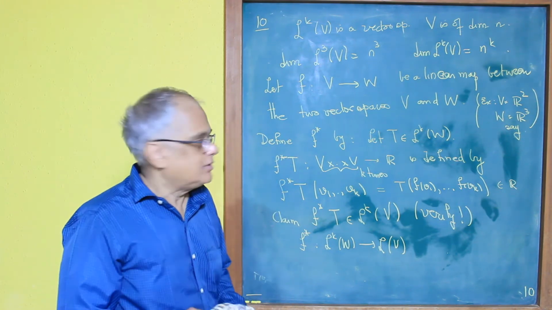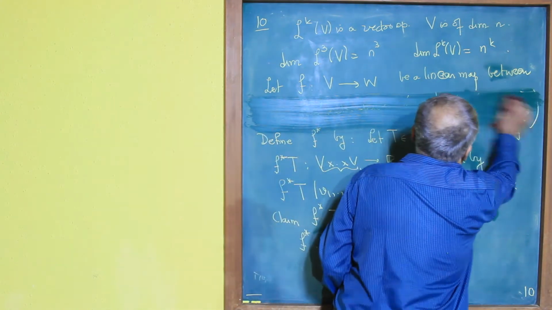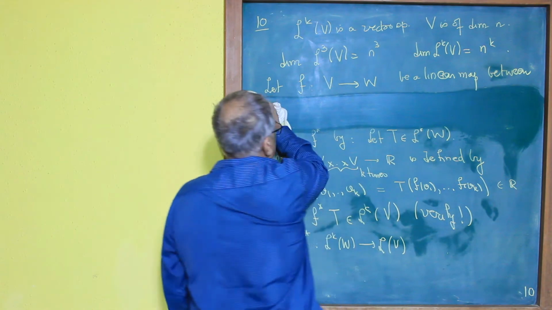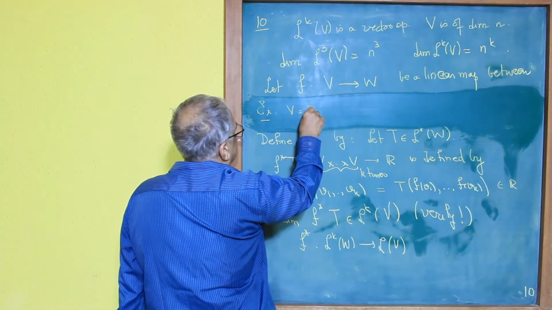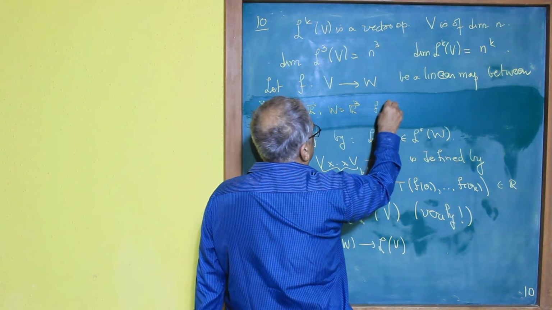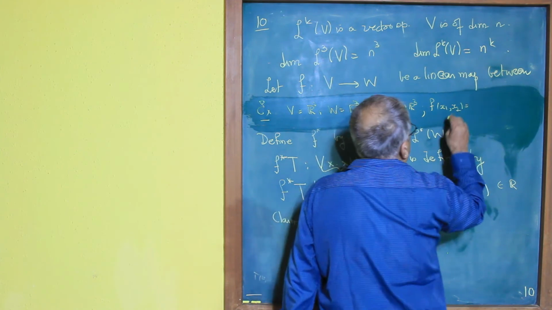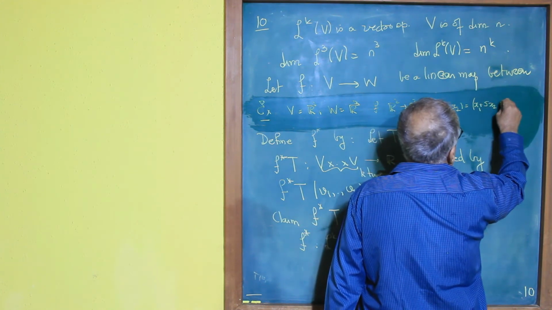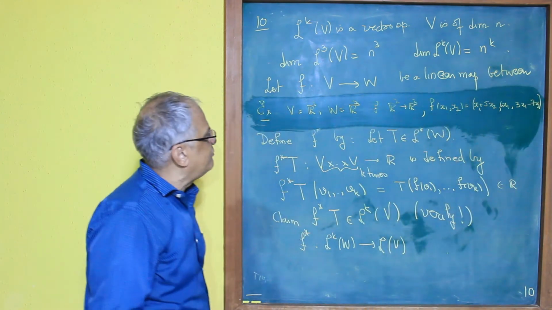So I'm going to write down a particular example. This is a linear map from R2 to R3.